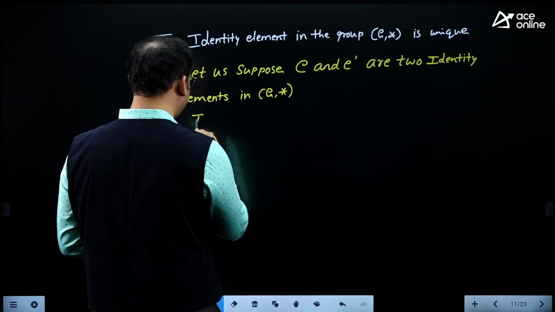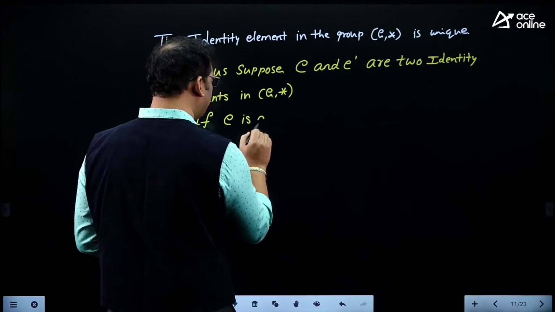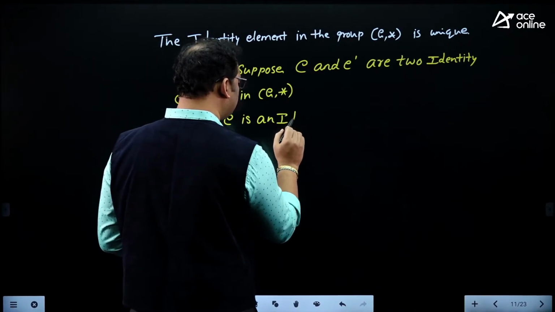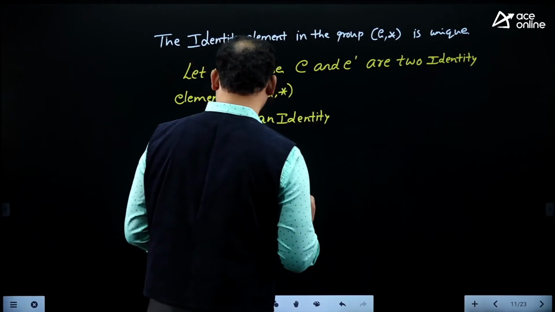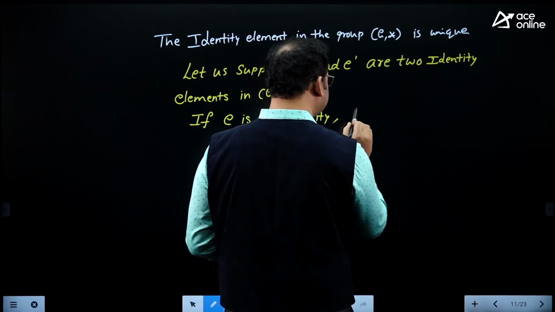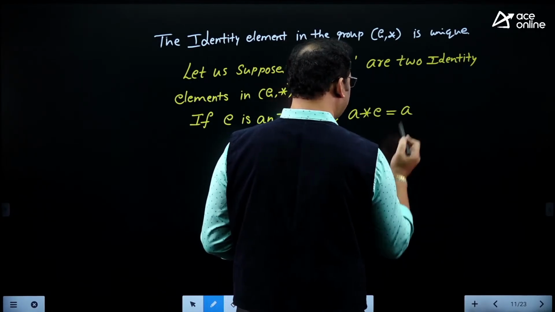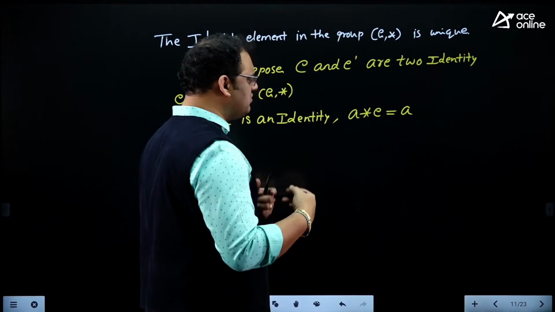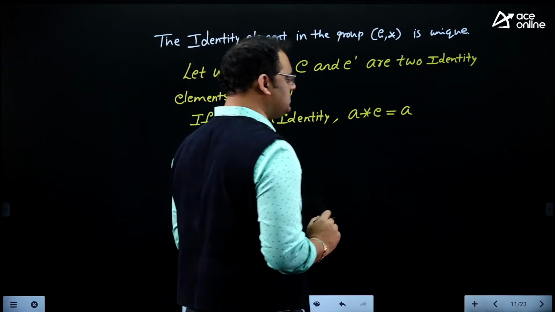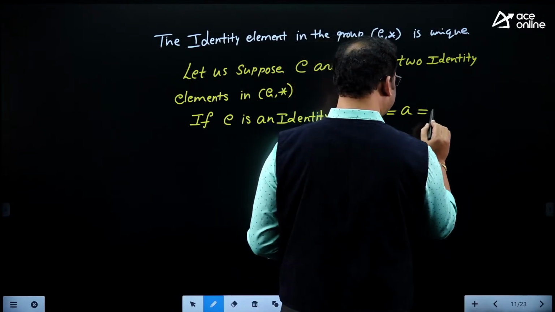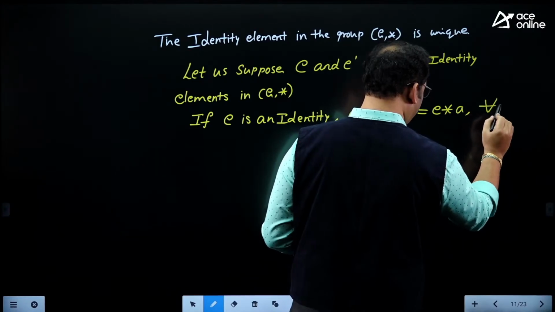If E is an identity element, then what happens? A star E is equal to A, or E star A is equal to A. Let me write it in a simple way: A star E is equal to A, which is equal to E star A for all A belongs to G.